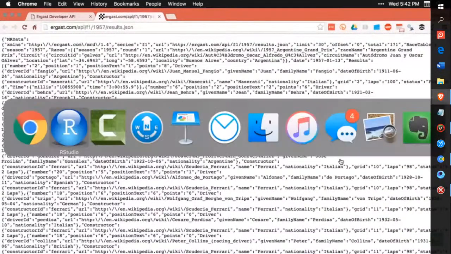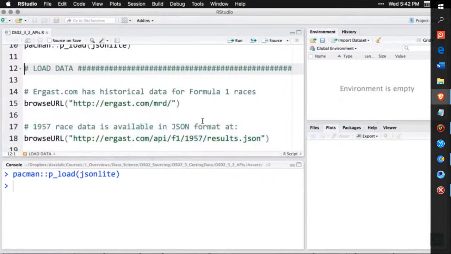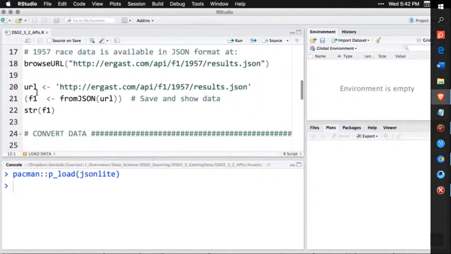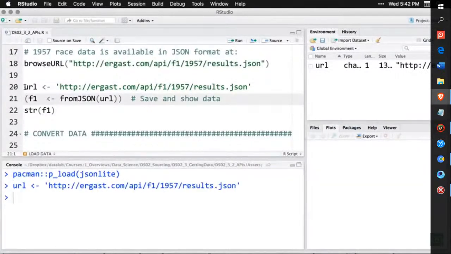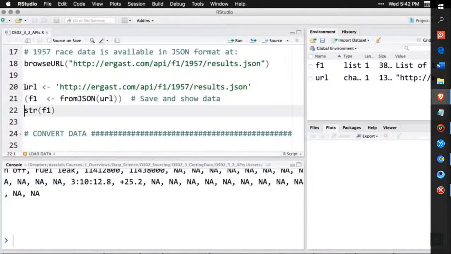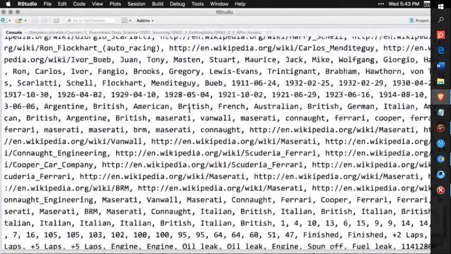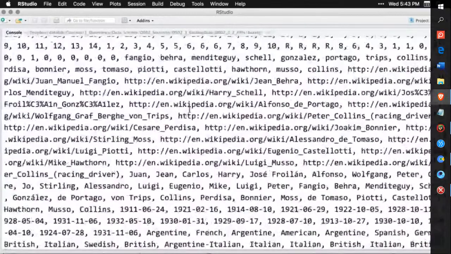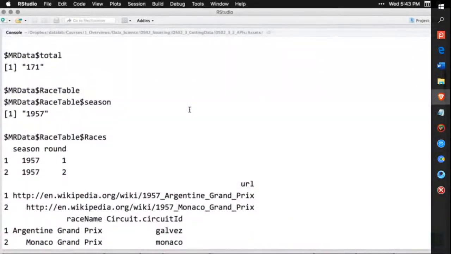I'll go back to R. And so what I'm going to do is save that URL into an object here in R. And then I'm going to use the command fromJSON to read that URL and save it into R, which it is now done. And I'm going to zoom in on that so you can see what's happened. I've got this sort of mess of text. This is actually a list object in R.